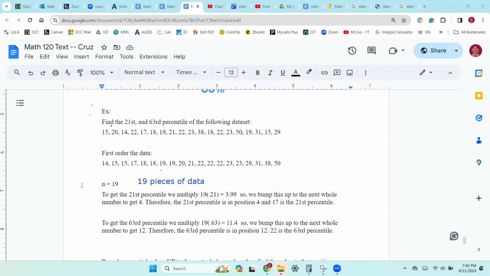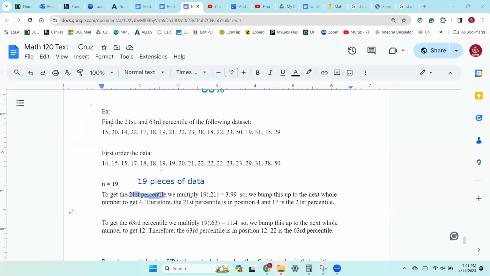Now, if we've got 19 pieces of data and we want to find the 21st percentile, all right, then what we're going to do is take the 21st percentile, and this is where it helps to know how to go back to decimals.